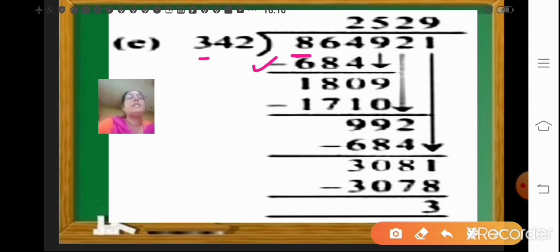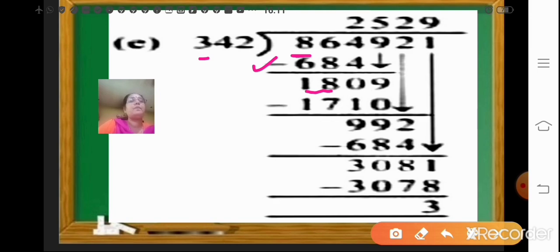So you will bring this 9 down. Now again we'll take the 2-digit number 18 and divide it by 3. 3 sixes is 18, but if you take 342 6 times, the number will be greater than 1809. So we'll take 342 5 times.